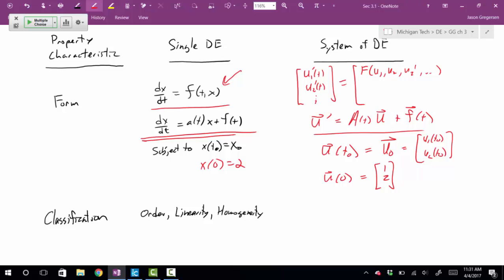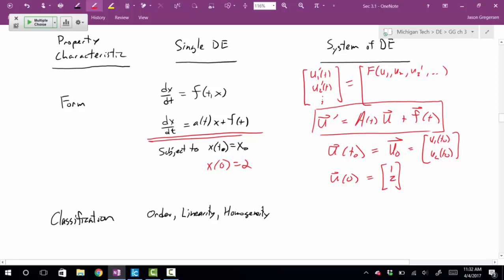And we have linearity. The idea is if we can write it in this linear algebra form, then that is a linear system. What about homogeneity? Well, look at that first order differential equation. Look at the other lines here. Look at this guy.